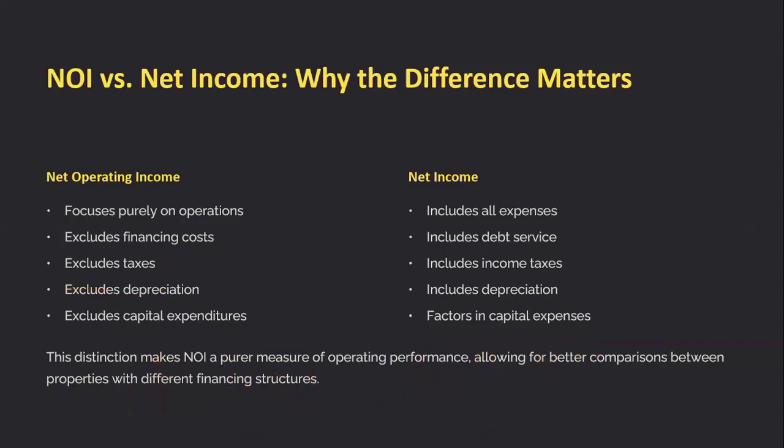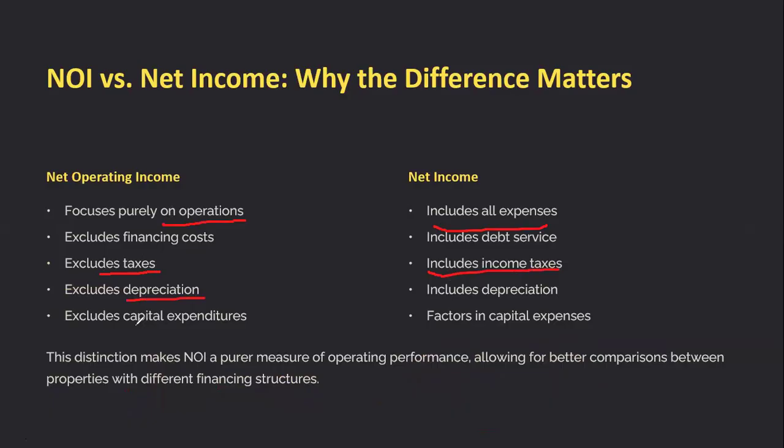Now, if I compare both the things, in net income, it includes all expenses, but in operating income, it is only operations. Here, in net operating income, it does not consider any taxes. But in net income, it considers taxes.